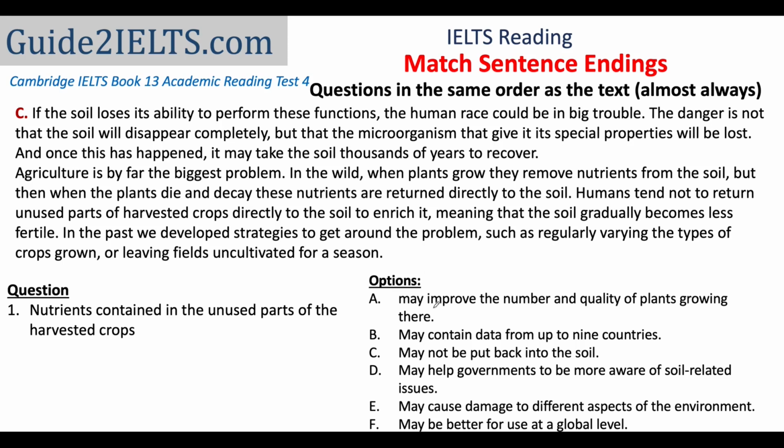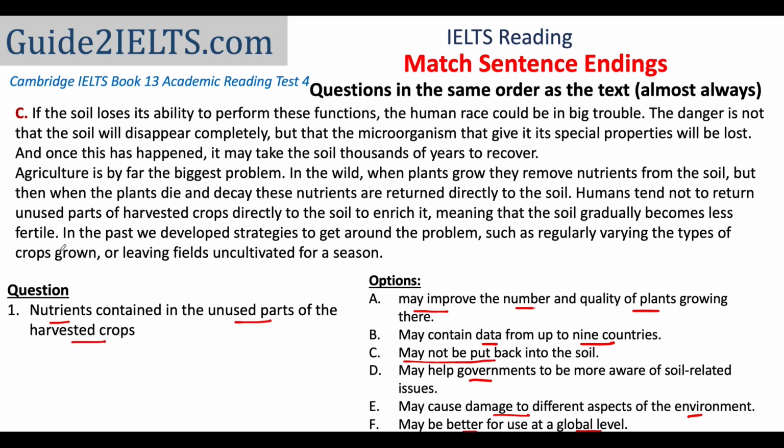And I'll skim through the options given. May improve the number of plants, may contain data on countries, may not be put back into soil, something about governments, something about damage to the environment, and some mention of something being better at a global level.